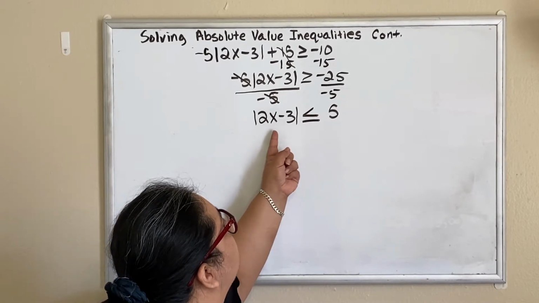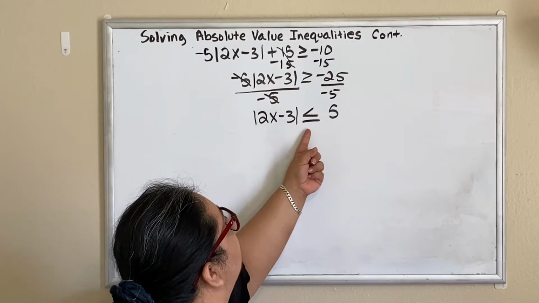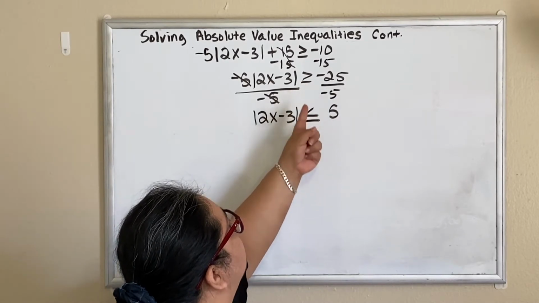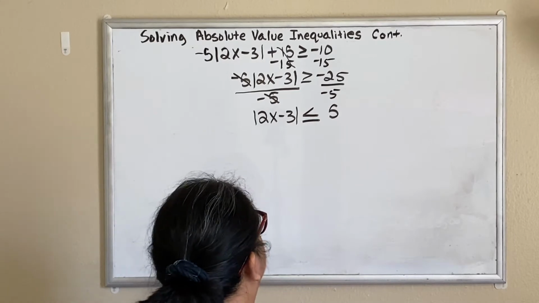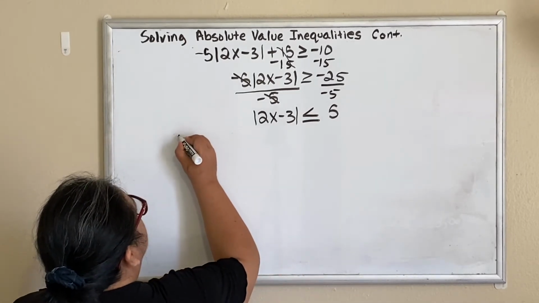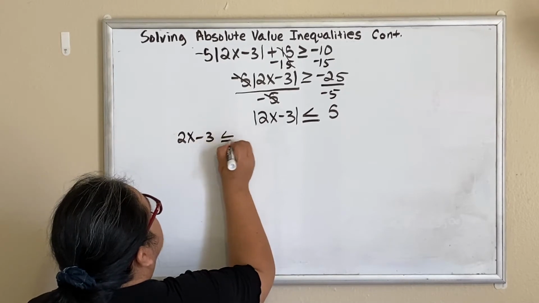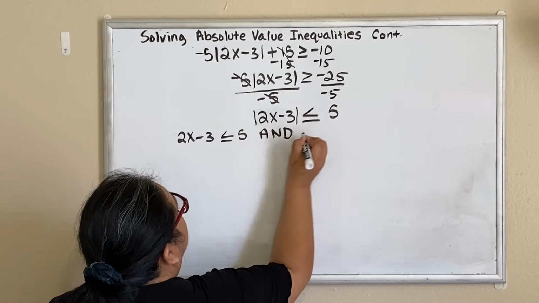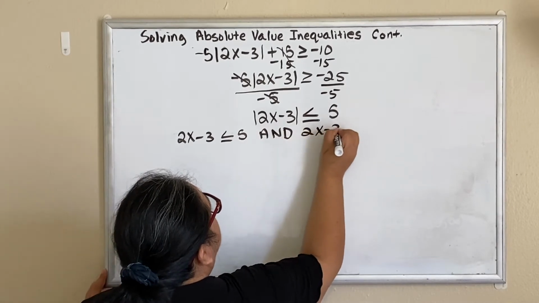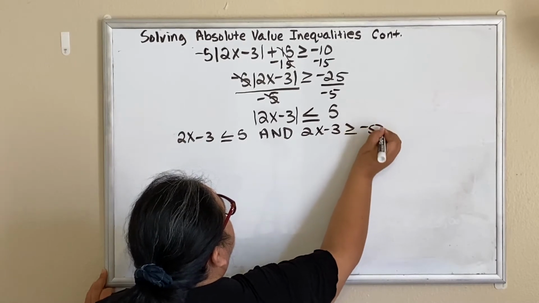So now I can do my two inequalities to solve, and instead of an "or" statement, I have an "and" statement. So I'm going to write 2x minus 3 is less than or equal to 5, and 2x minus 3 is greater than or equal to negative 5.